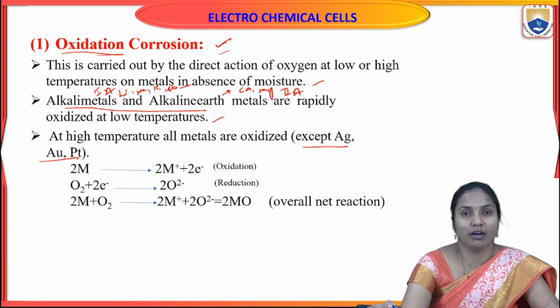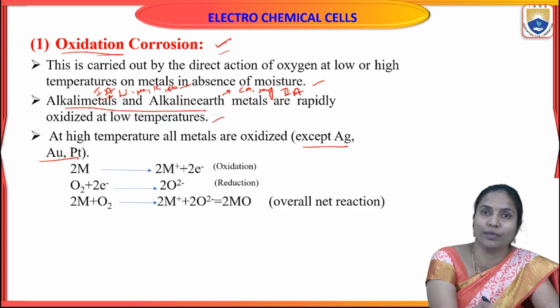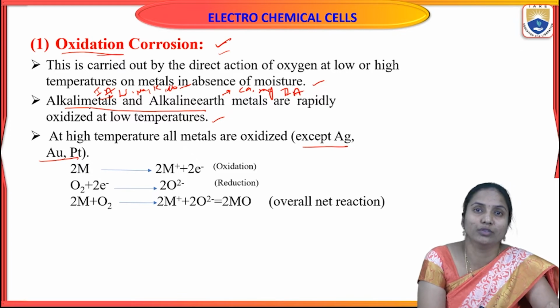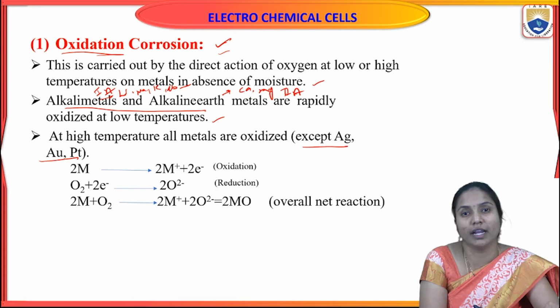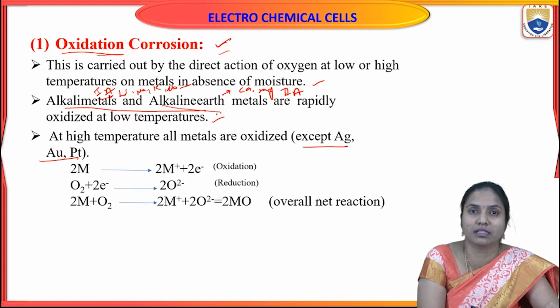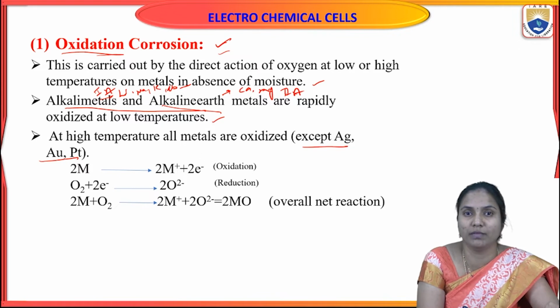So in oxidation corrosion, alkali metals, the first A group elements such as lithium, sodium, potassium, rubidium, and alkaline earth metals, the second A group elements like calcium and magnesium, are oxidized only at low temperatures.